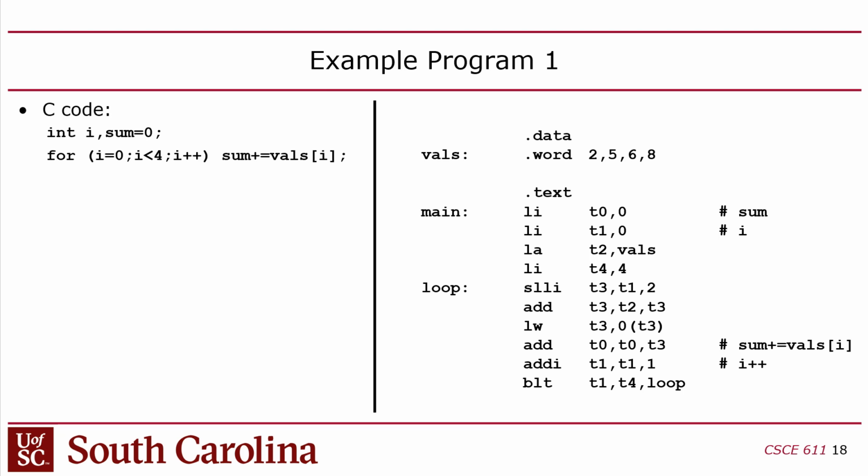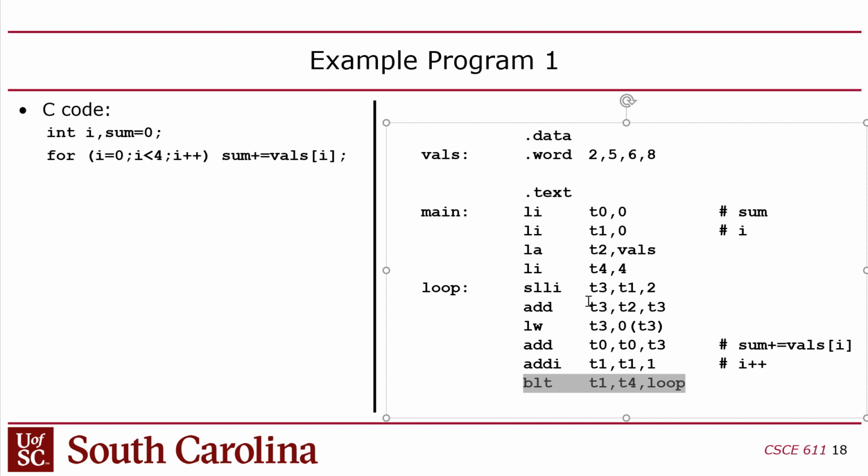Let's look at another example which adds the values of 4 values that are stored in an array. This is similar to the previous example, but this time I am going to simplify the loop even more by performing the continuance condition at the end of the loop, thereby avoiding the need for an unconditional branch at the top of the loop.